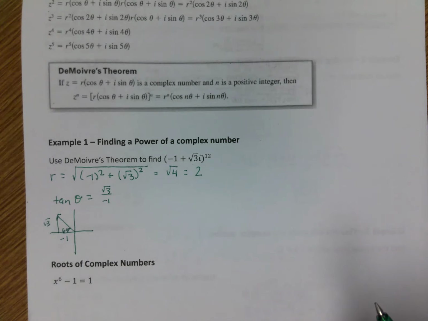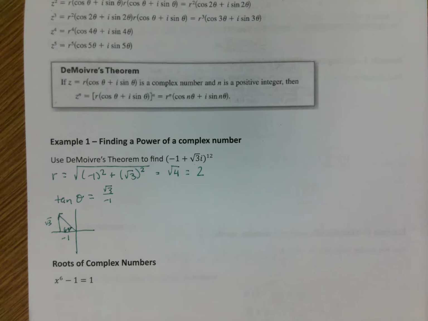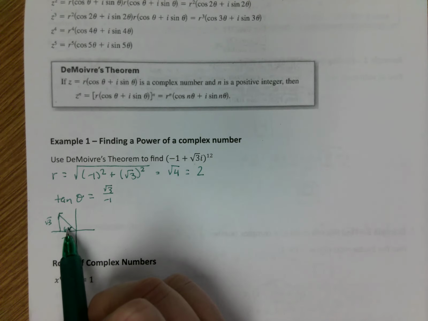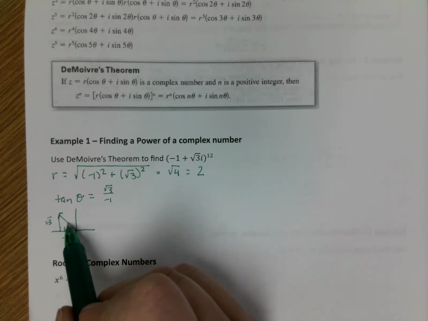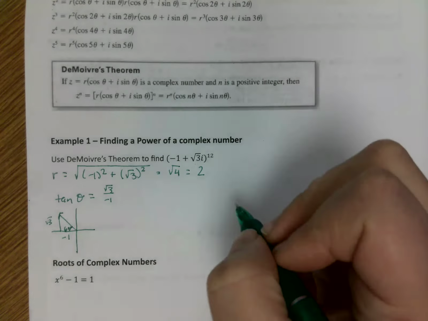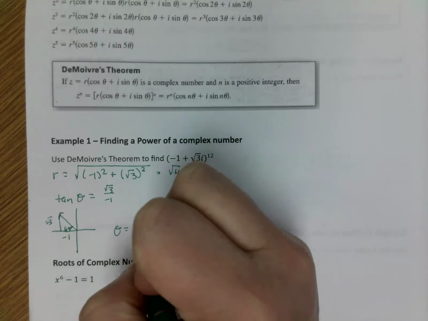But when I'm writing this, I want you to be writing it with radians. Unless it gives you degrees, you should be using radians for this formula. So if this right here is 60, that's the same thing as pi over 3. So this is 1 pi over 3. Right here, this angle would be 2 pi over 3. So now my theta is equal to 2 pi over 3.